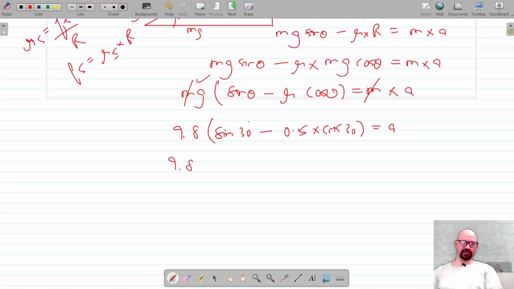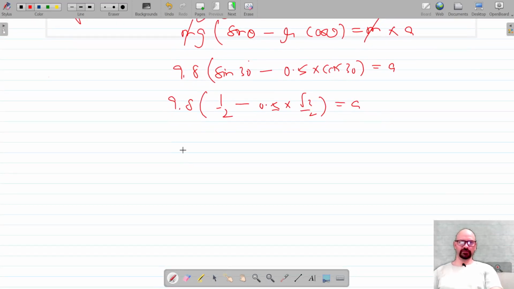Now let's replace the values. Sine 30 is half, this is 0.5. Cos 30 is root 3 by 2. Okay, this is now 9.8, and if we take 2 as LCM, this is minus, the value of root 3 is 1.732. Okay, now 2 gets cancelled.